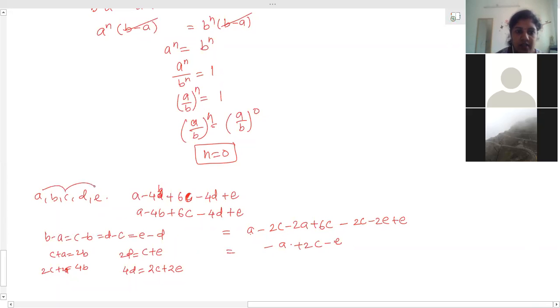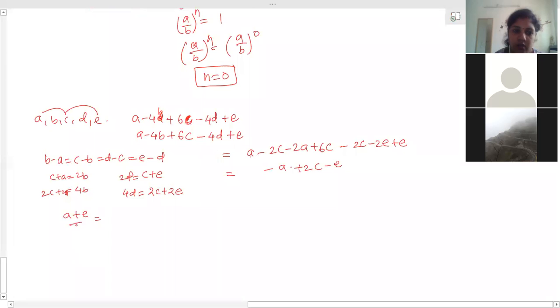A, C and E also have an equal difference between them. So we can write A plus E by 2 is equal to C. So A plus E is equal to 2C. So minus C is equal to A plus E minus E, 0.